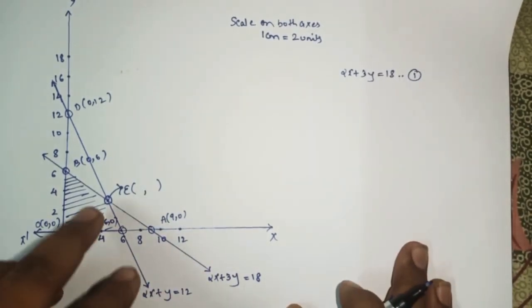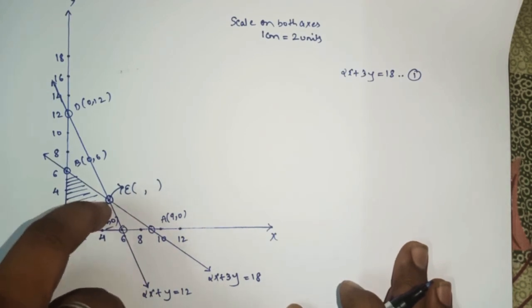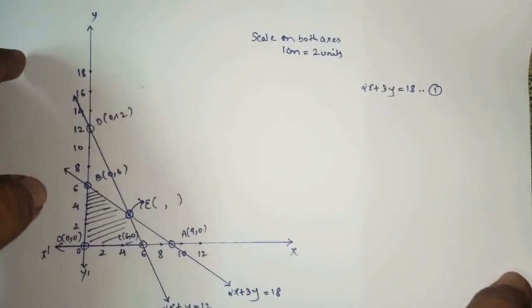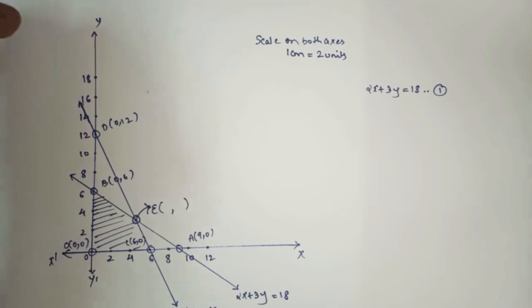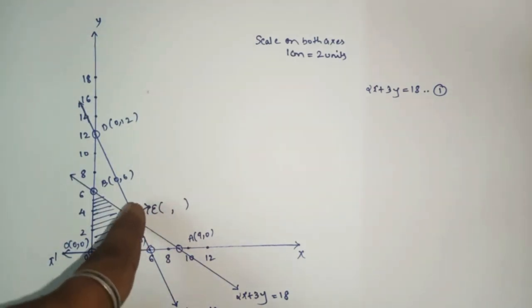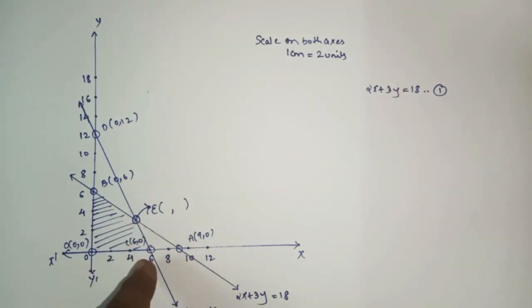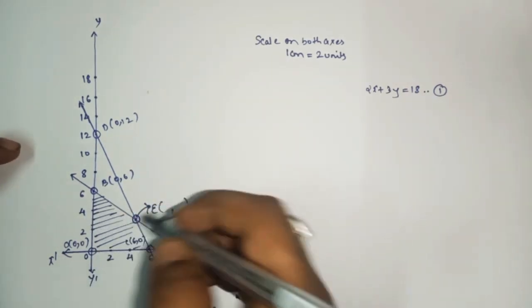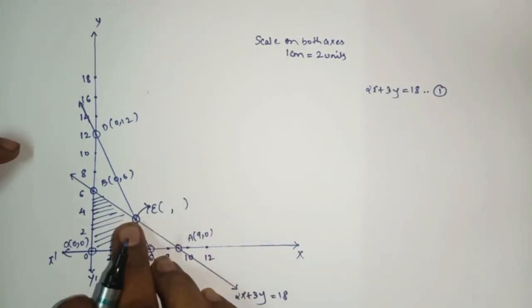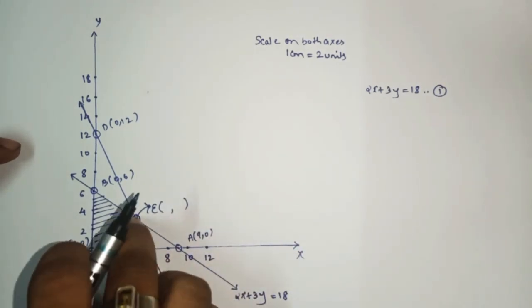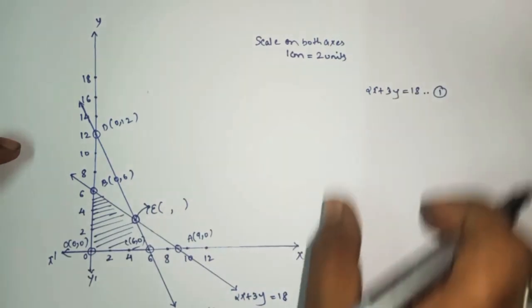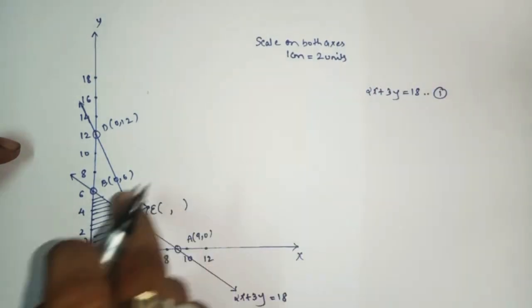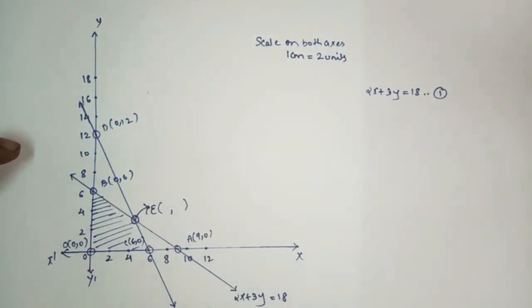Remember, for the point of intersection, whether it is sum number 1, sum number 2, sum number 3, if you are getting the answer directly also, like here if you are getting 4 and 2, still you have to show the simultaneous step, and then you will write the point of intersection.